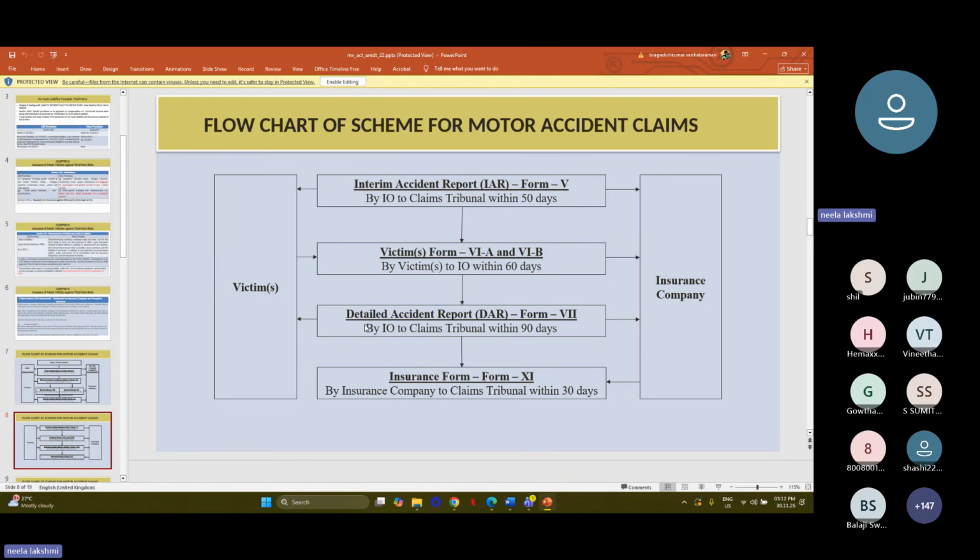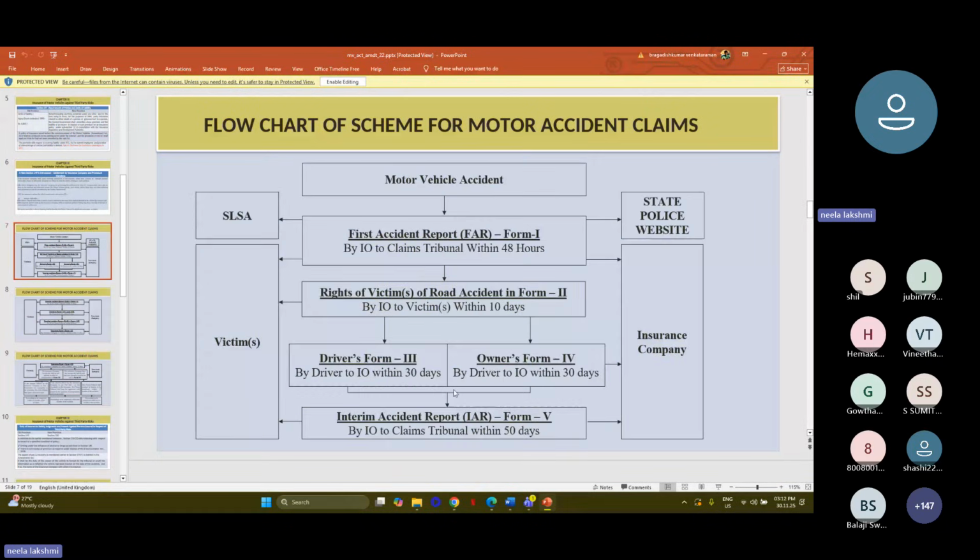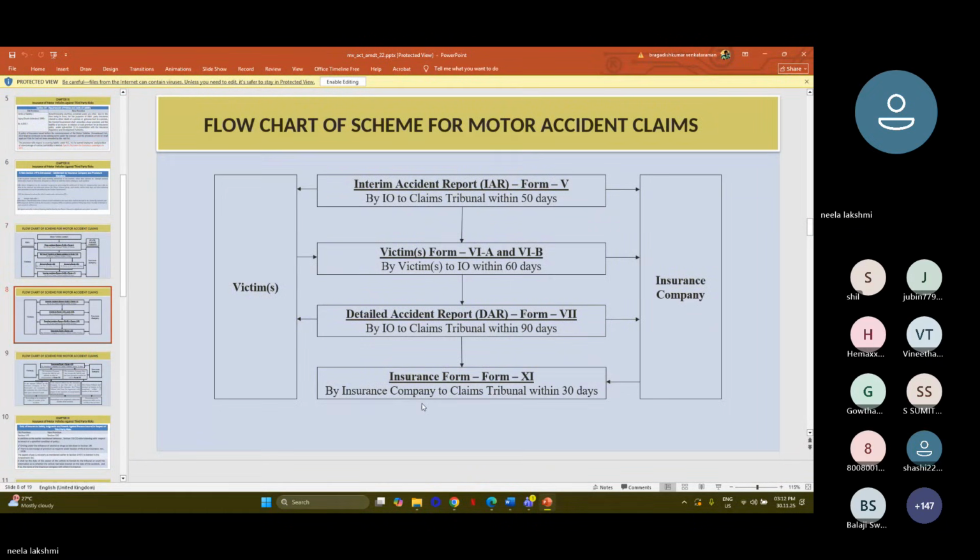Based on that DAR, the insurance company has to start its work. Based on the DAR, the insurance company has to submit its form 11. This would be prepared by the insurance company and given to the claims tribunal within 30 days of the receipt of DAR, from the date of receipt of DAR.